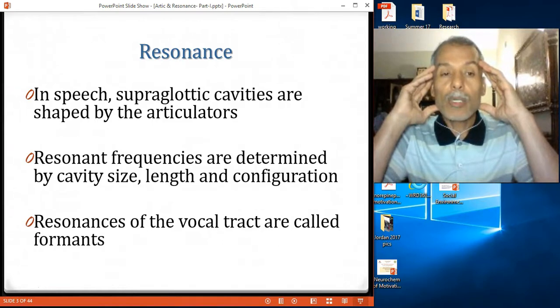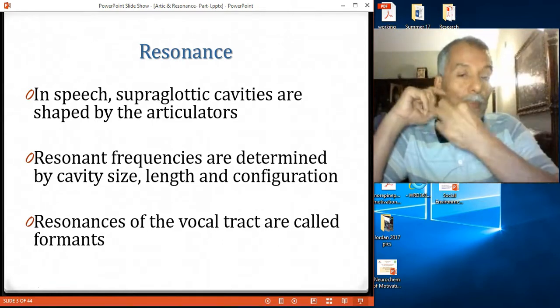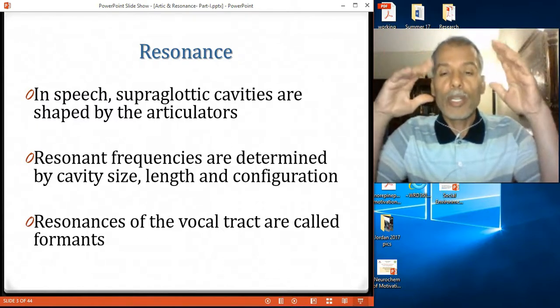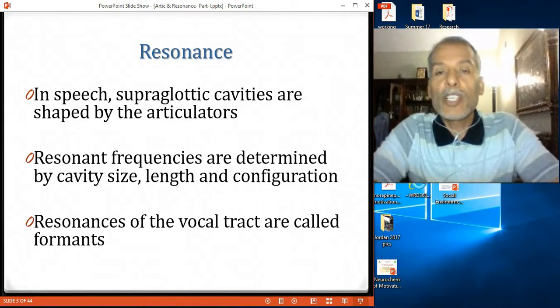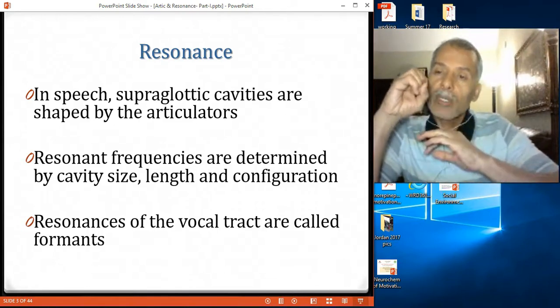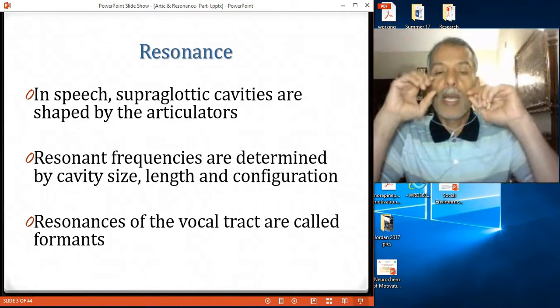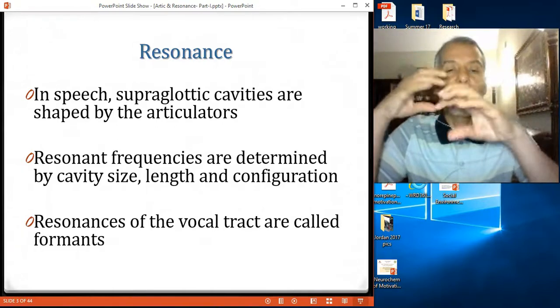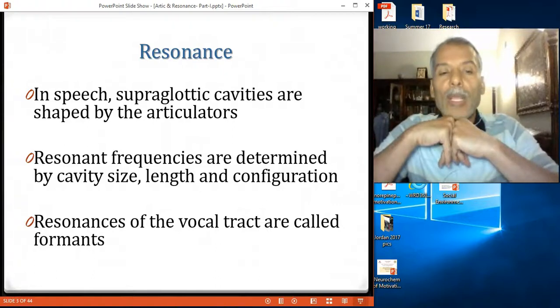Then the length, of course, if you add length to the tube, like ooh, that's going to, by nature, bring down the frequency. Configuration, like controlling the diameter of that tube, and kind of shaping it and controlling it in different places at different times.